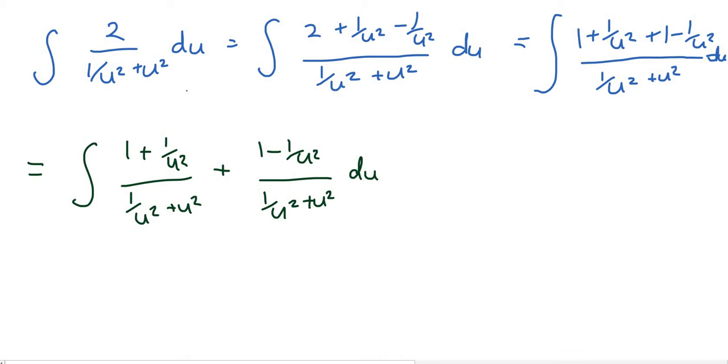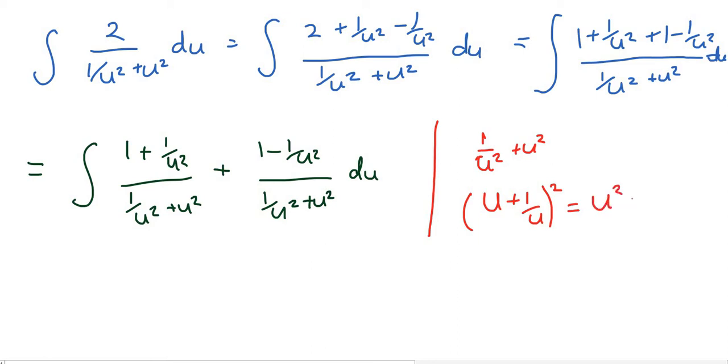Another common trick when solving these is to look if we can get something in completed square form. Let's have a look, just off to the side here, at the quantity 1 over u squared plus u squared. It looks a lot like u plus 1 over u, squared. Let's see what this equals.